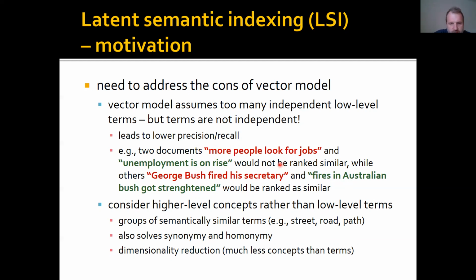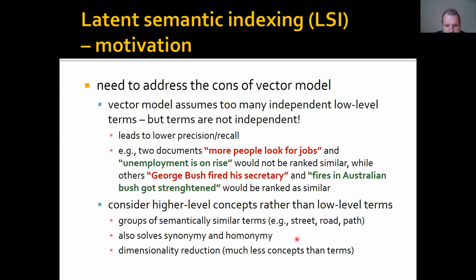This is the consequence of not having something more semantic than terms, because terms are too low-level representations. So instead of terms, we would like to have some higher-level concepts that represent more robustly what is behind the terms.